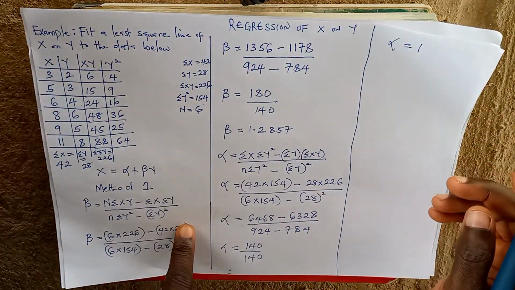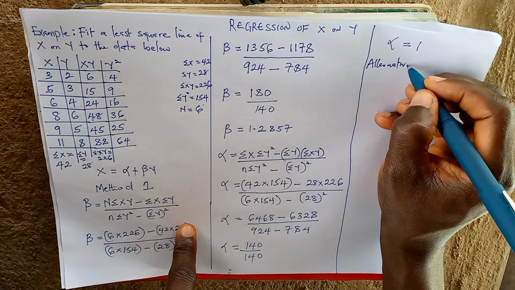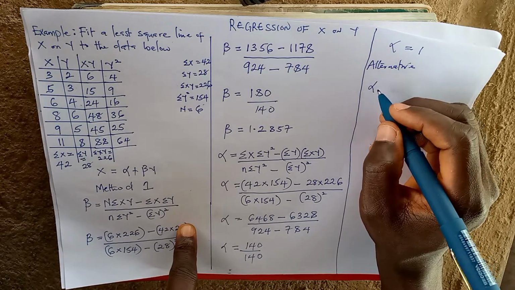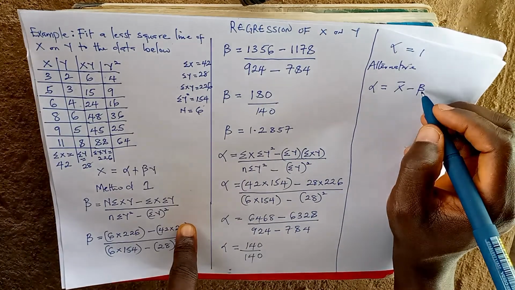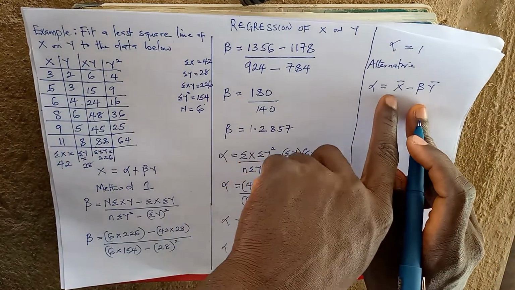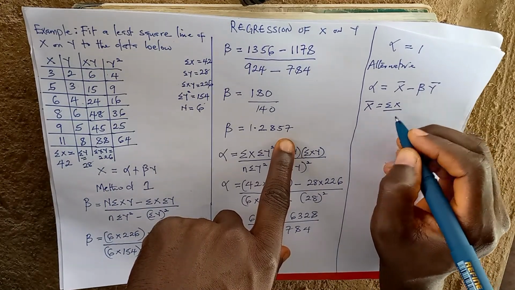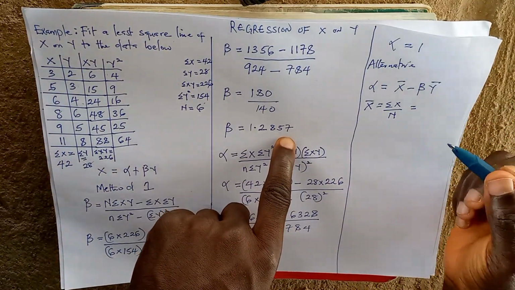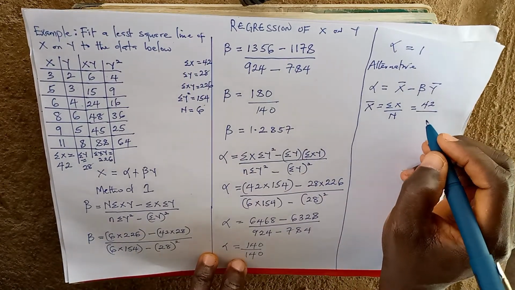Now there is another shorter way of getting this alpha. Alternative way of getting alpha: alpha equals y bar minus beta x bar. Our x bar is the mean of x, so x bar equals summation x divided by n, and summation x from here is 42, so 42 divided by 6.